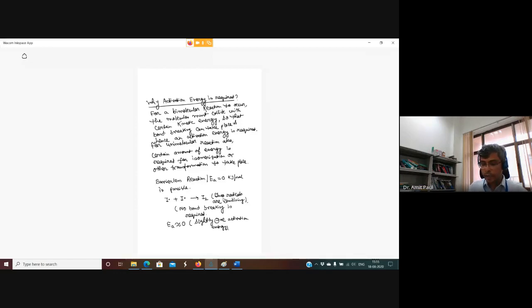But in this case, this reaction doesn't require any positive activation barrier, because here two I dots just need to collide, and we are not really breaking any bond, and hence we don't have any activation barrier, and so the EA is almost zero.